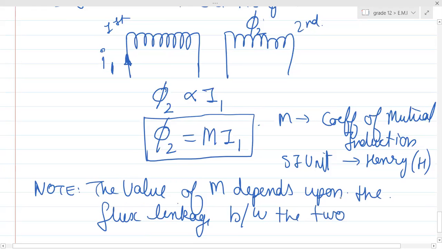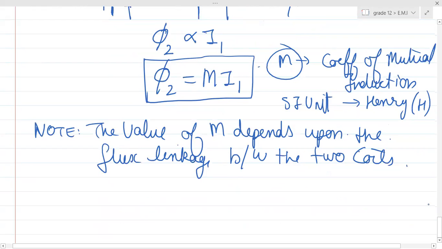So how phi 1 is related with phi 2, on that the value of M will depend. And we'll see various examples, we'll see how exactly it works. Okay. So once you're done till here, just tell me, then we'll start. We'll write some points regarding mutual induction.